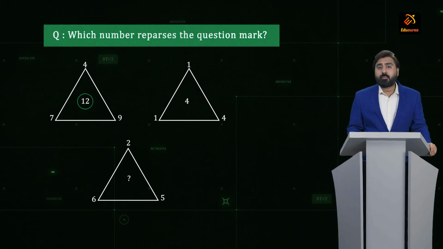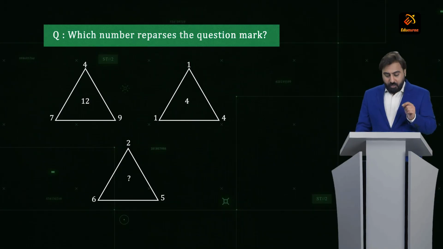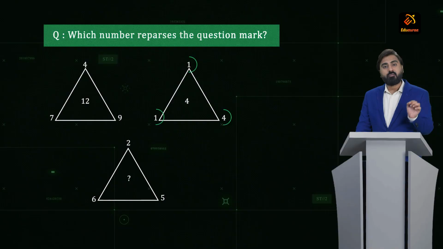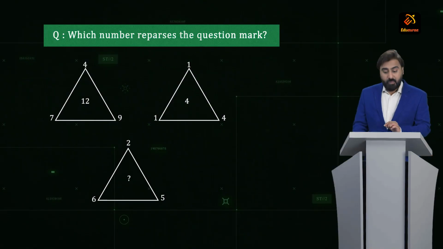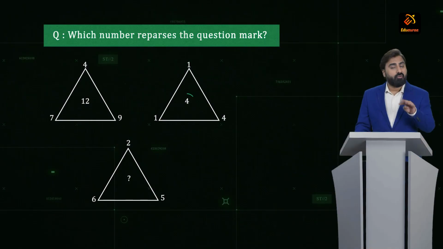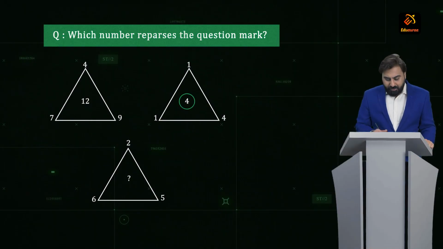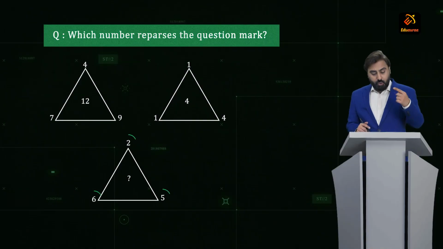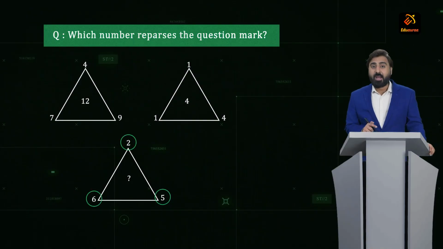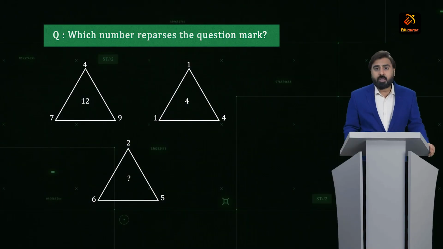In the second triangle, we are given numbers 1, 1 and 4, and inside this triangle, the number given to us is 4. Similarly, in the third triangle, we are given numbers 2, 6 and 5, and there is a missing number in the third triangle. So we are supposed to find that number, right?